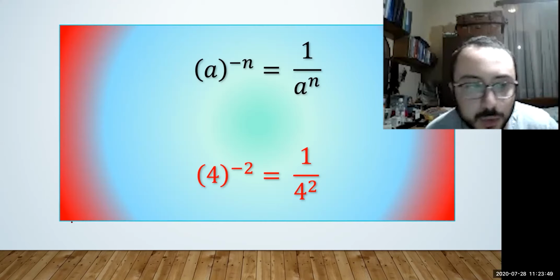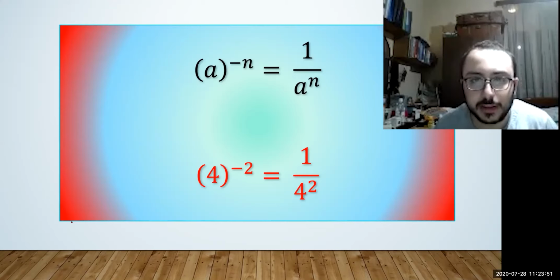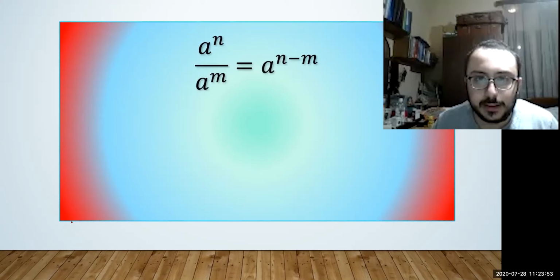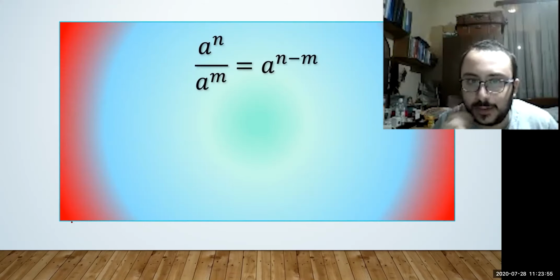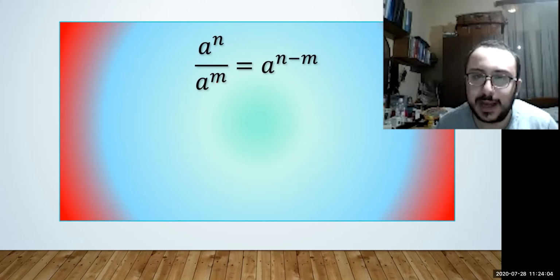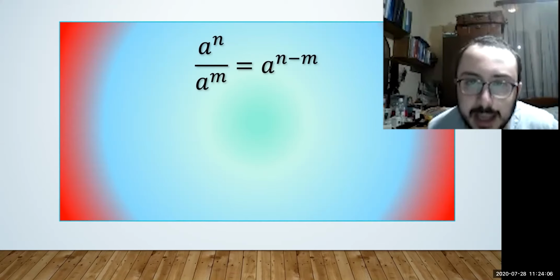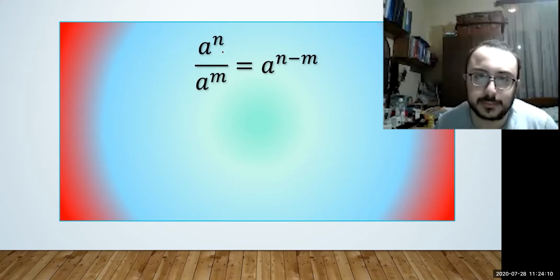And this is also important, you should know it. If you have the same base but different powers in a fraction, a power n over a power m is equal to a power n minus m.